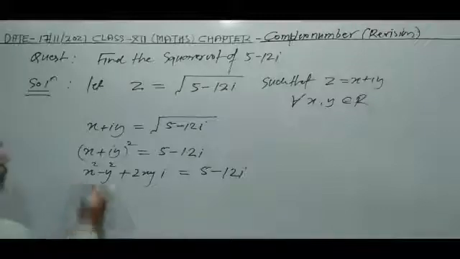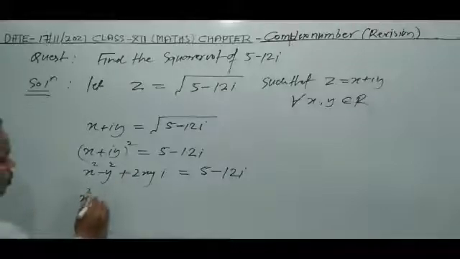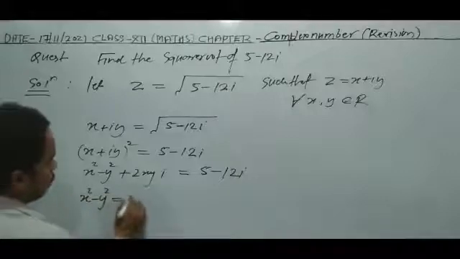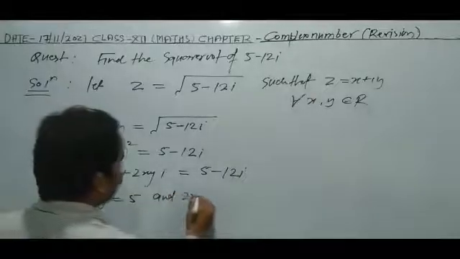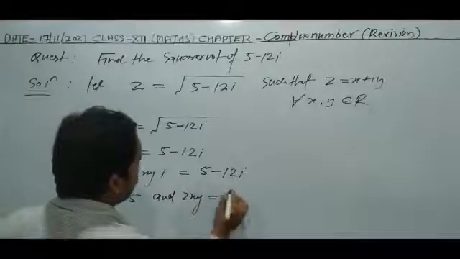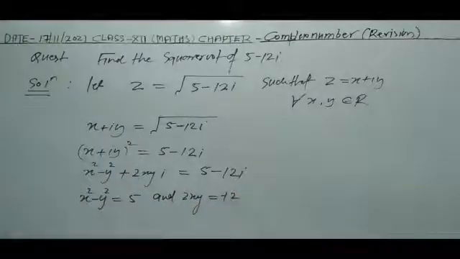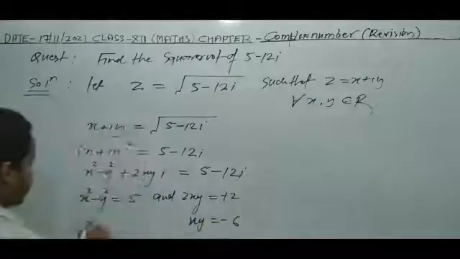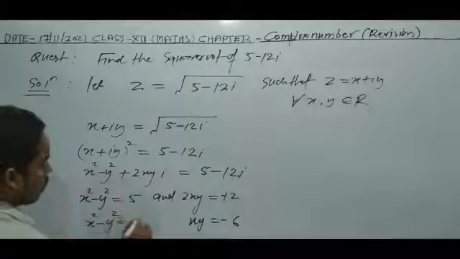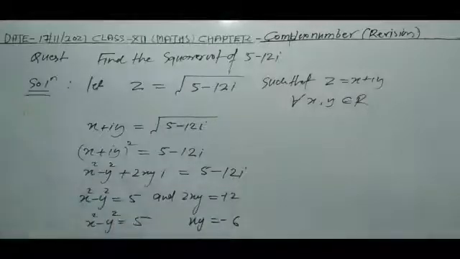And when you will compare the real part, you will get x square minus y square is equal to 5, and 2xy is equal to minus 12. Clear? This implies xy will be equal to minus 6, and x square minus y square is equal to 5. Now we have to find x and y by using these equations.